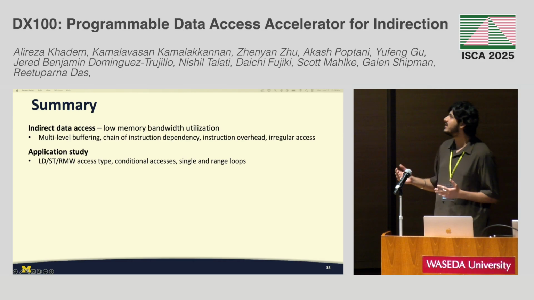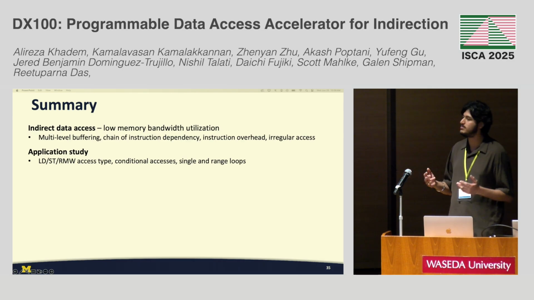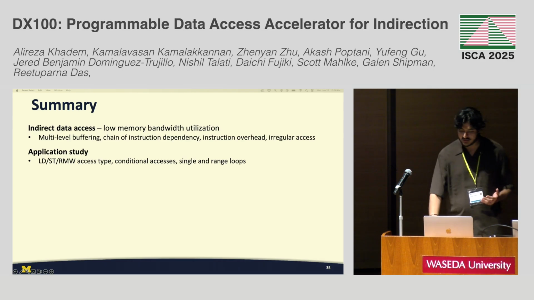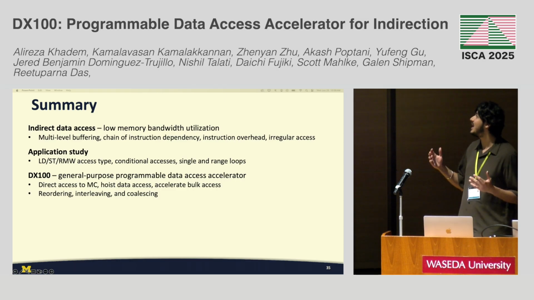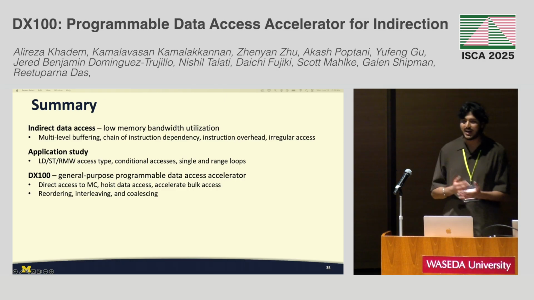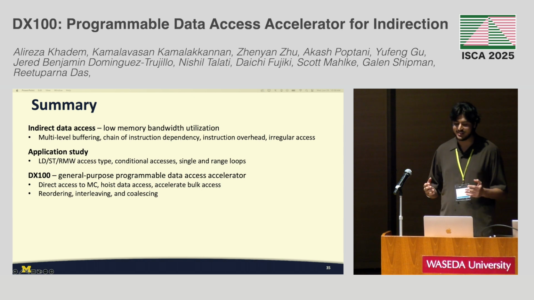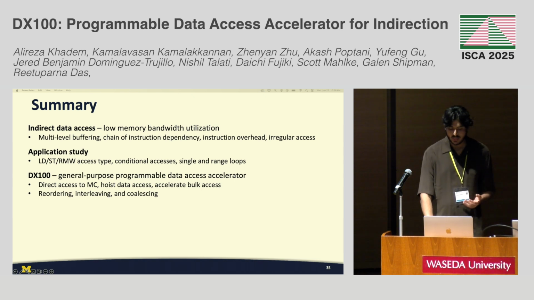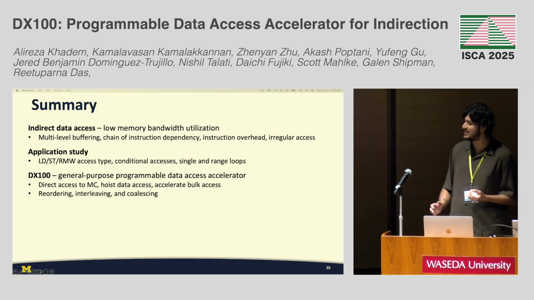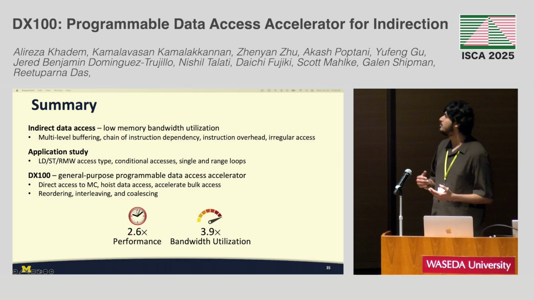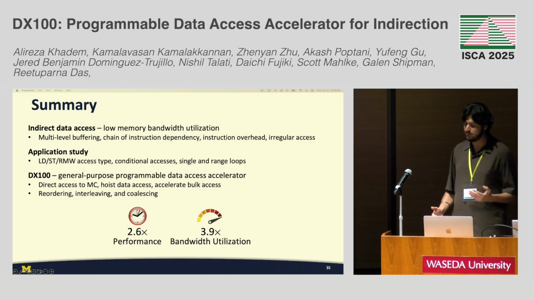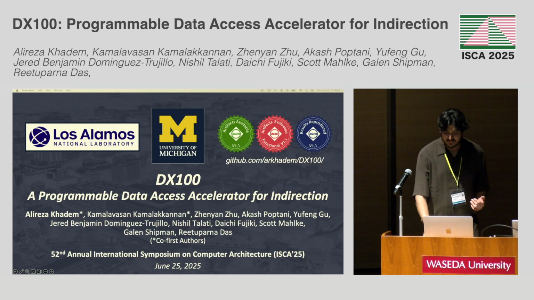We perform an application study where we see the access types, conditional accesses, and the loops, and we propose a general purpose and programmable data access accelerator, which has direct access to the memory controller, can hoist data accesses, and accelerate bulk accesses. It performs reordering, interleaving, and coalescing of data accesses, and therefore leads to 2.6 times improvement in performance and 3.9 times improvement in bandwidth utilization.